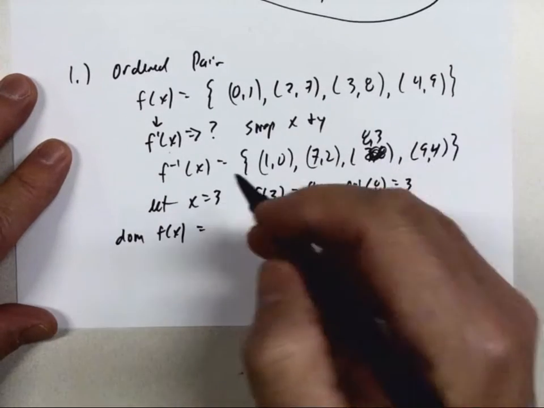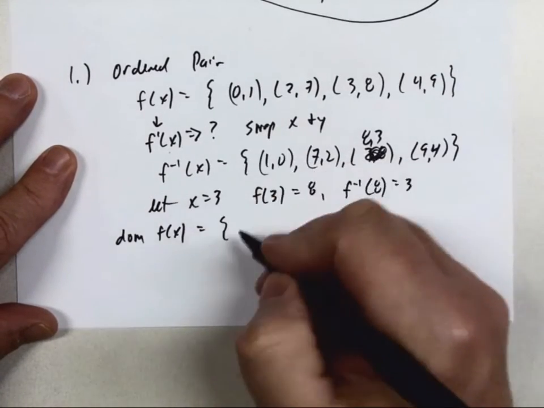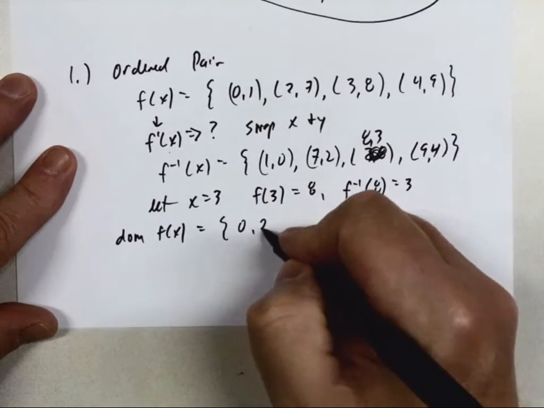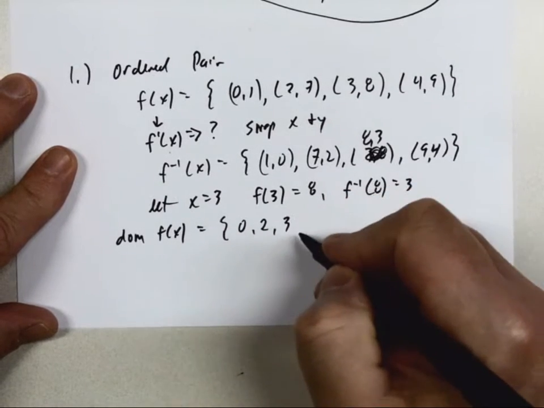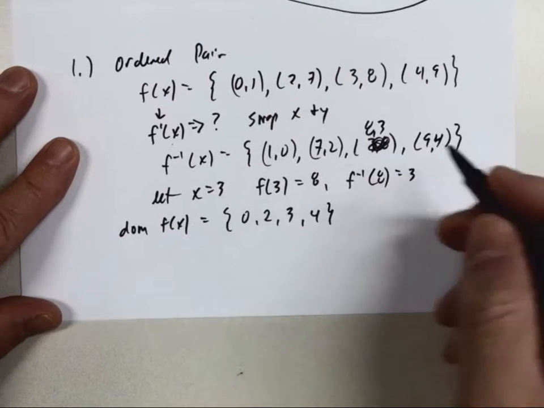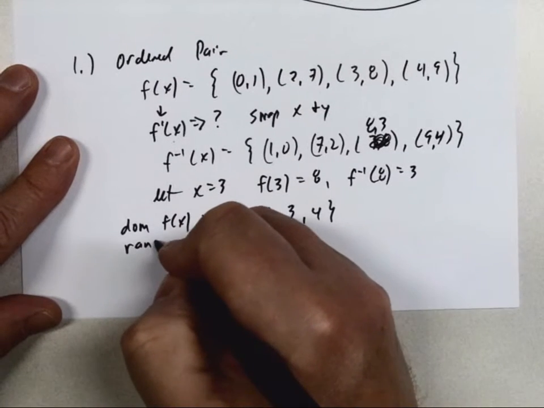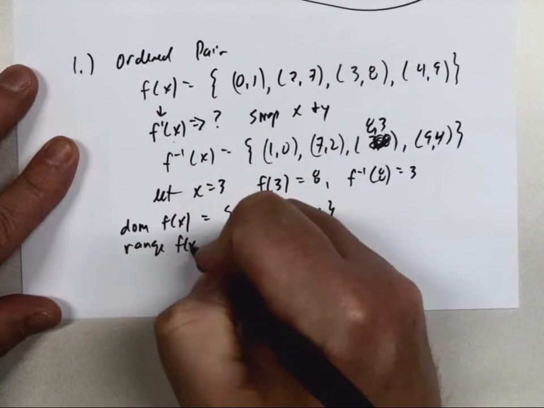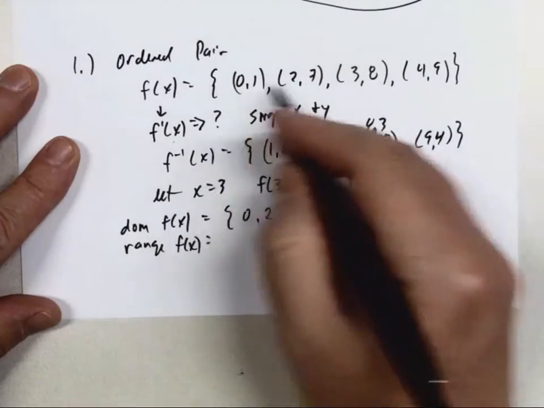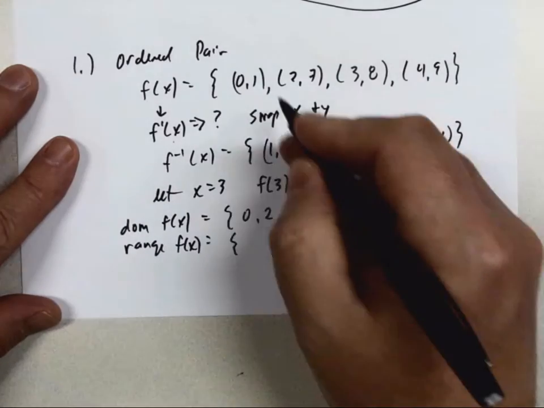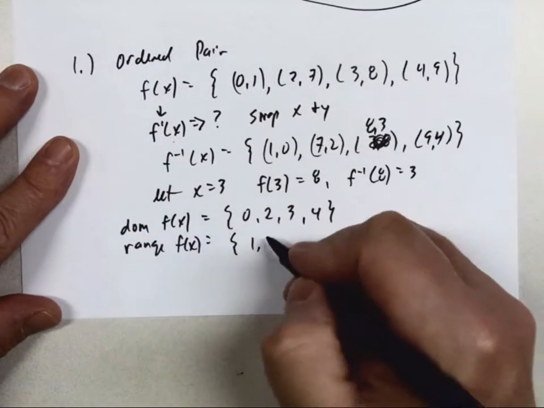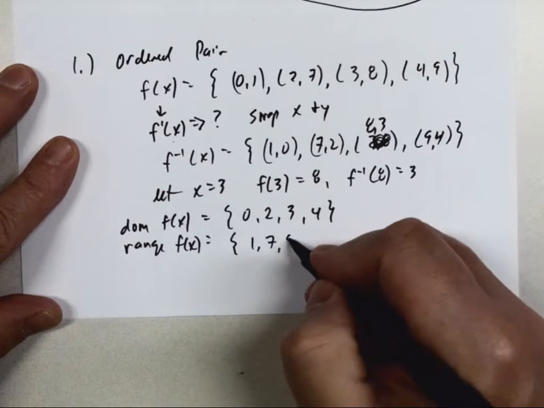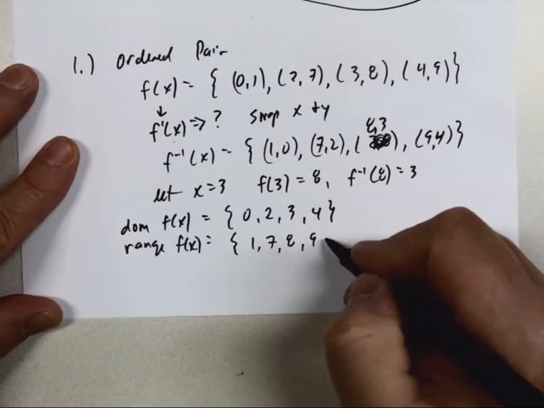Once again, with ordered pairs, it's just the x's: 0, 2, 3, 4. What's the range of my original function? Those are the values of y, so it's 1, 7, 8, 9.